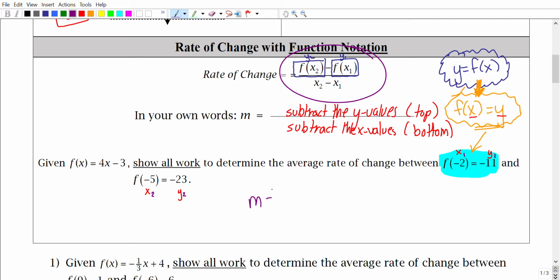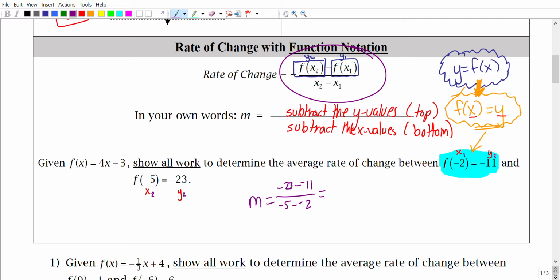So we have m equals, all right, let's see, give me 1 second, guys, sorry about that. All right, let's see if we can figure this out. So our y2 is, in this case, a negative 23 minus a negative 11, okay, over x2, which is negative 5 minus a negative 2.